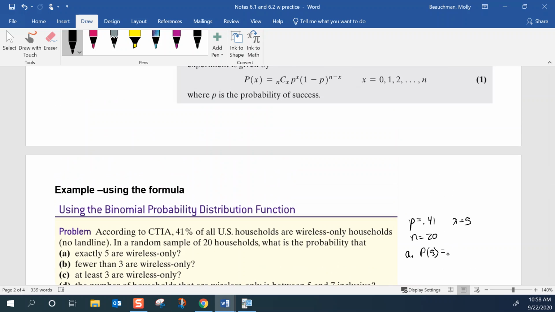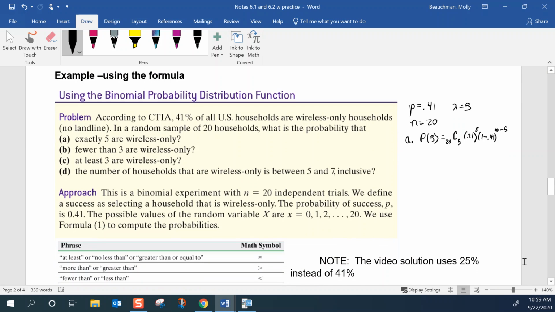So n is 20, x is 5, times p, the probability of success, which is 0.41, to the power of x, which is 5, times 1 minus p, 1 minus 0.41, to the power of n minus x, to the power of 20 minus 5. So the formula we can go ahead and do on the calculator.